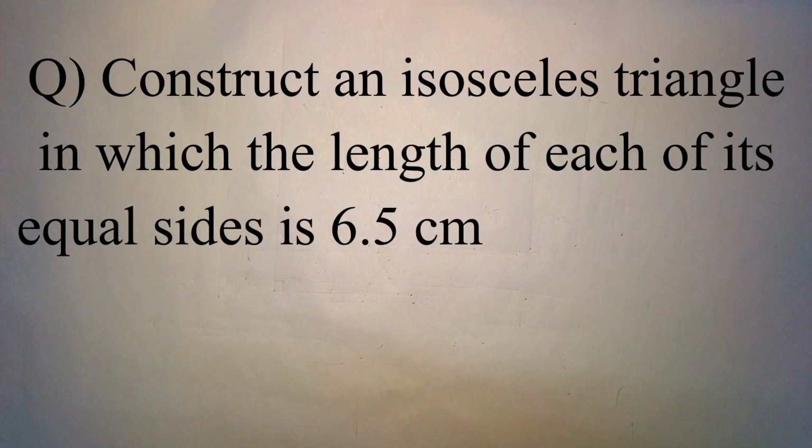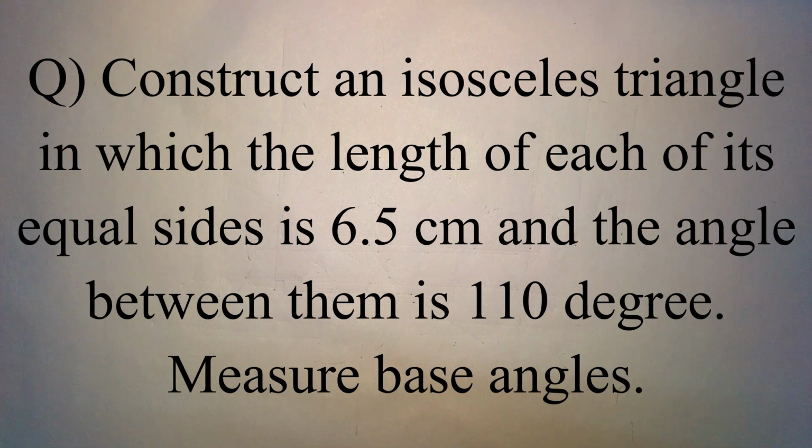Question is, construct an isosceles triangle in which the length of each of its equal sides is 6.5 centimeter and angle between them is 110 degree. So what you have to do, let us draw a rough diagram for it.